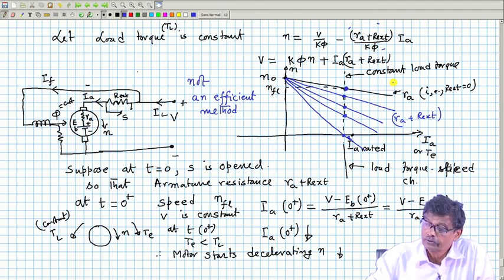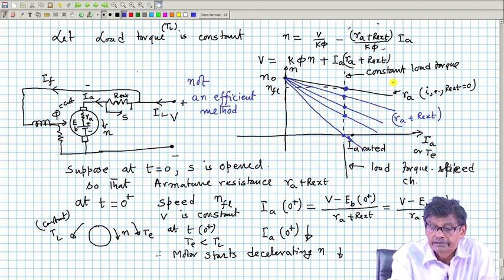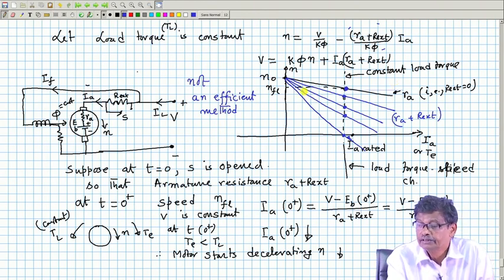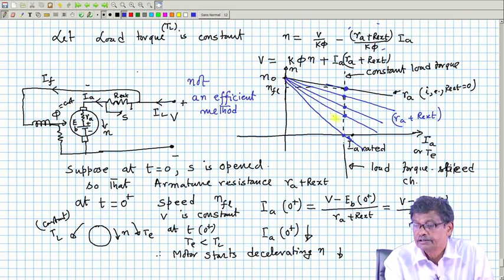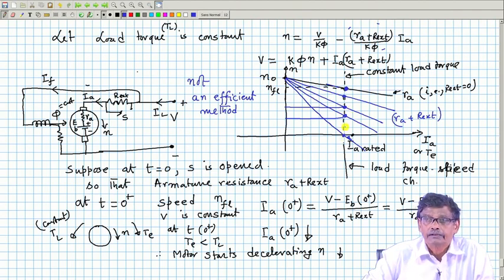But if you want to control the speed down to 0 by connecting an external resistance in the armature circuit, you can do that, because the speed torque characteristics of the DC motor can be modified. If it is constant load torque, you can run it at this speed, at this speed, at this speed, and so on, down to 0 speed even.